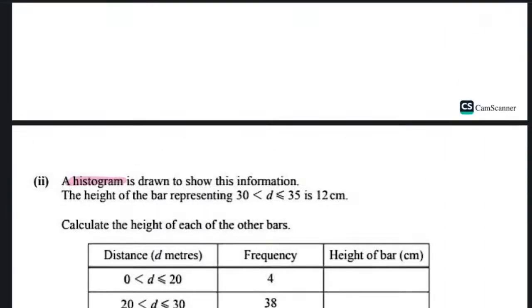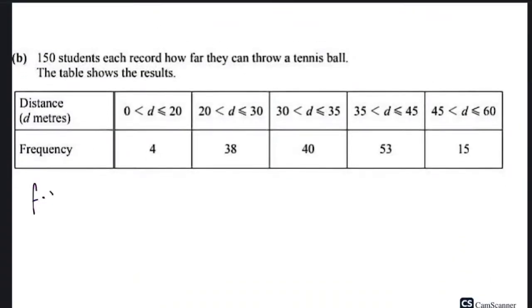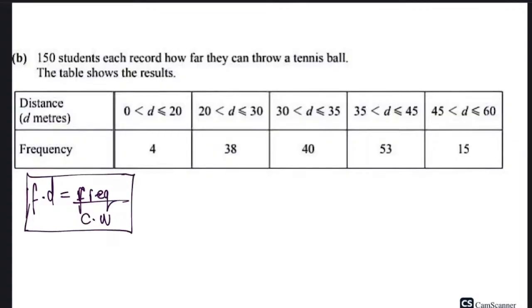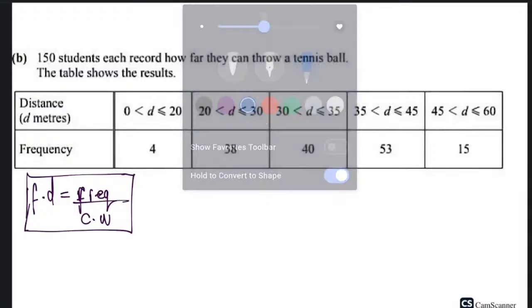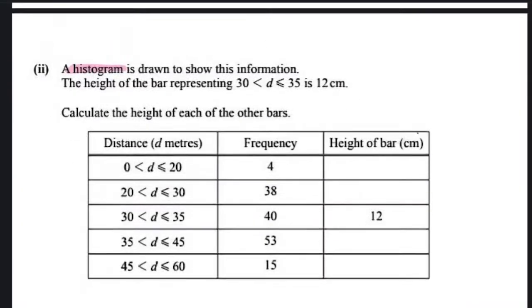Okay, no problem. It's going to be frequency density equal to frequency divided by class width. Now let's go for it. They want us to find the heights, okay?